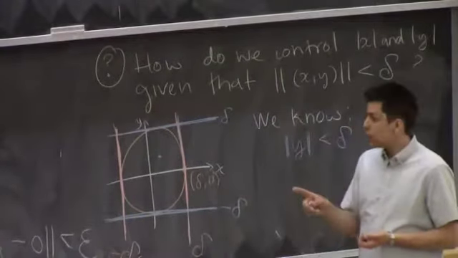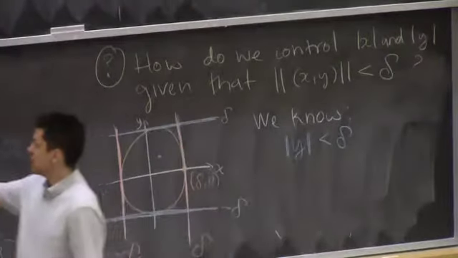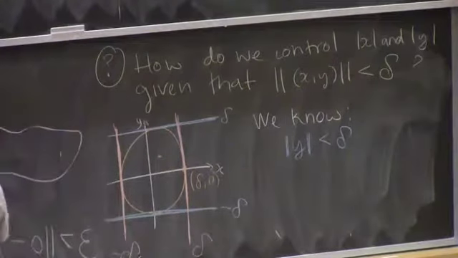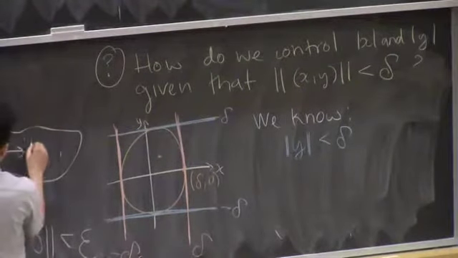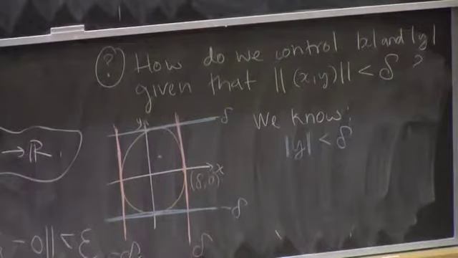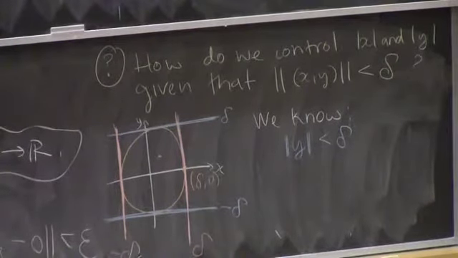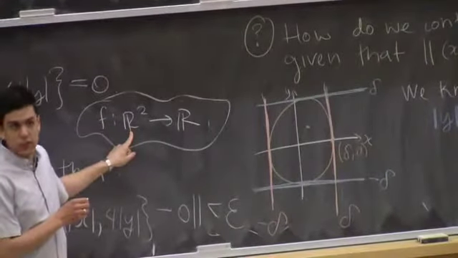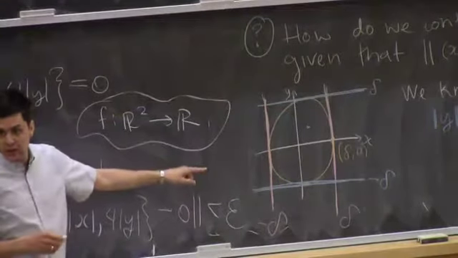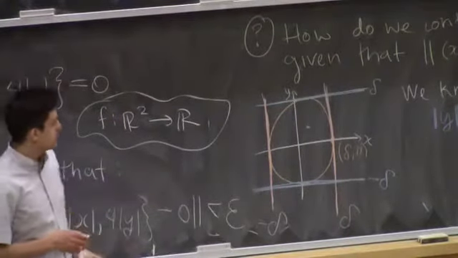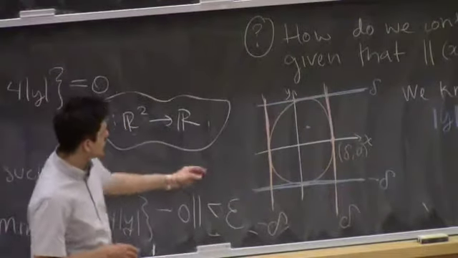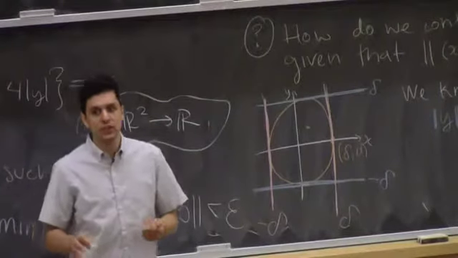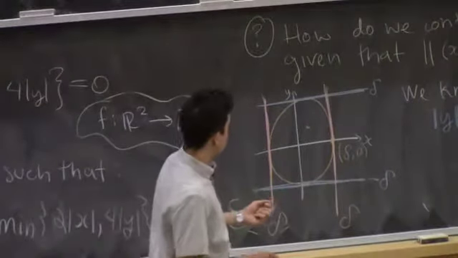However, this function that we're considering goes from R2 to R. So this whole picture is happening in the domain of our function. Usually our functions go from R to R in one variable calculus. But here, this whole picture is happening in the domain. Maybe we'll chat about it during the break.